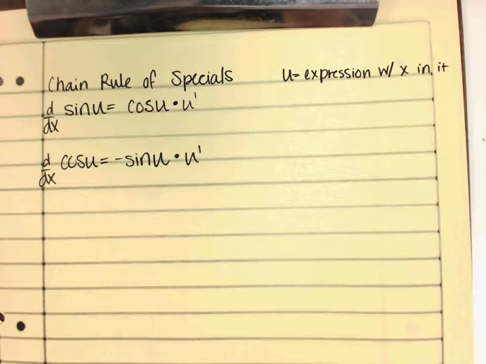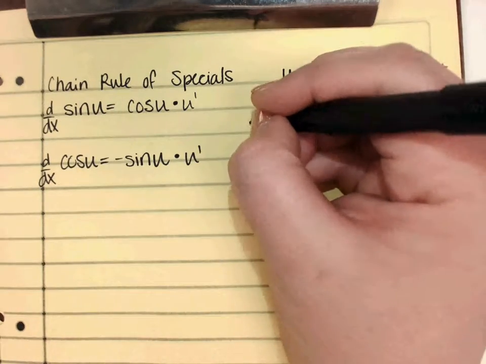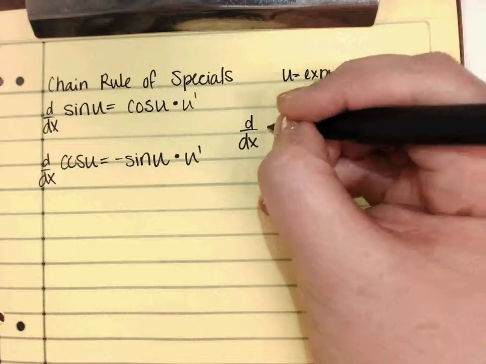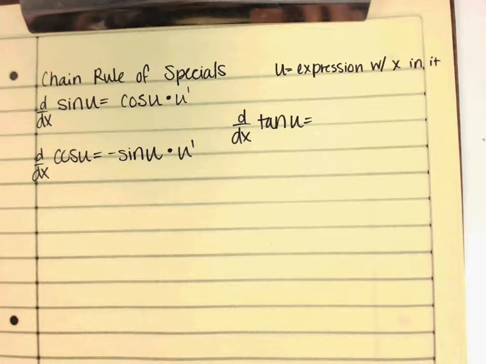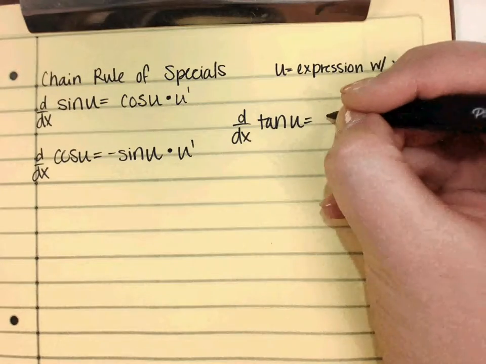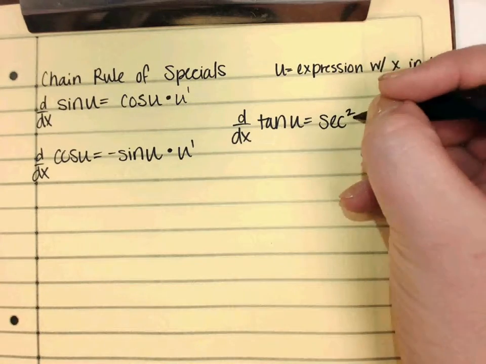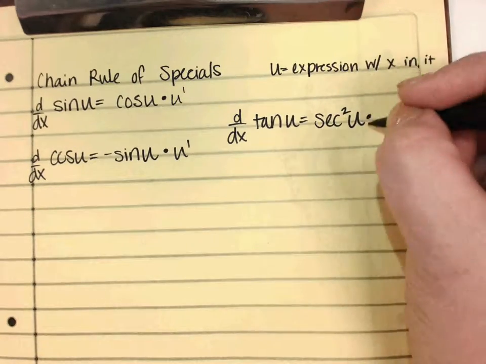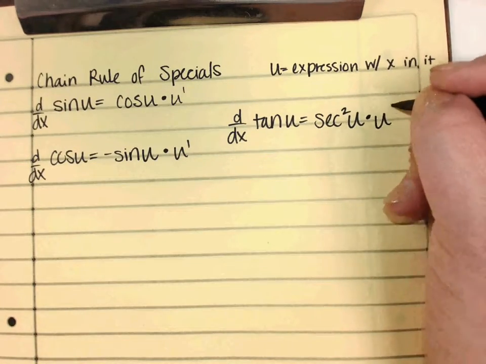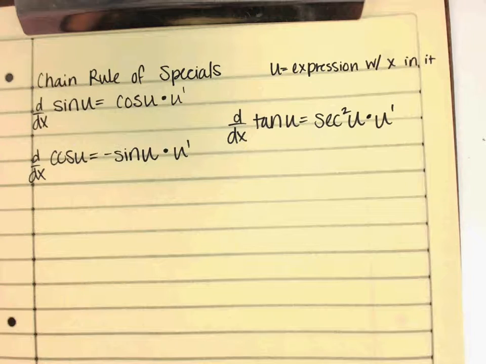Okay, one more like that. Last one we're going to do on this page is the derivative of tan u. What's the derivative of tan usually? Secant squared. My core stays the same. But then I'm going to multiply by the derivative of u, which is called u prime. So far, so good?